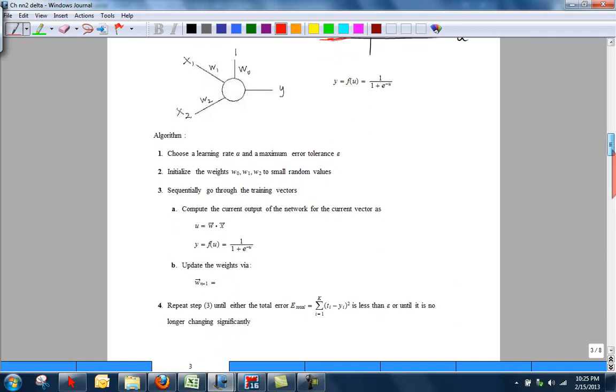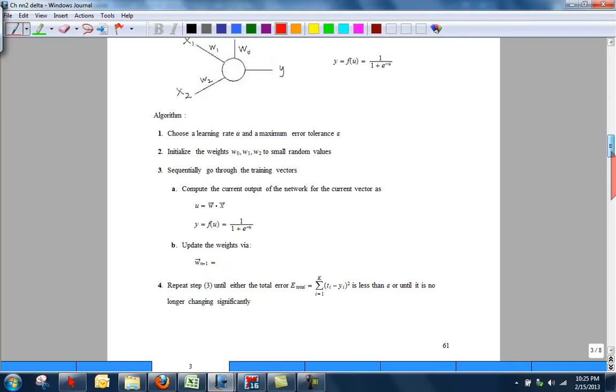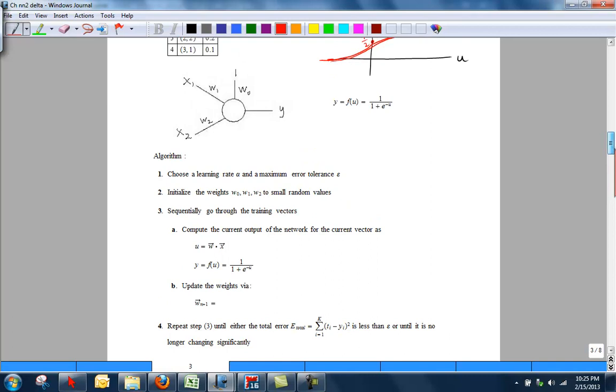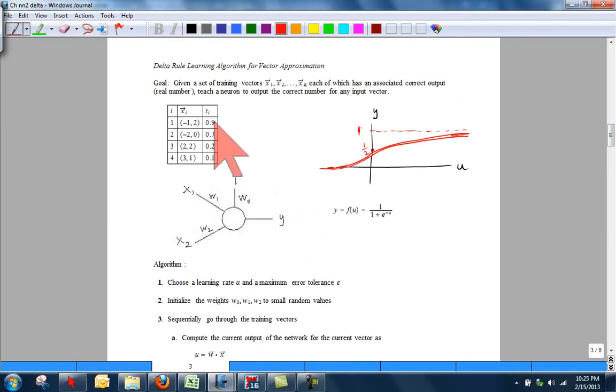Okay, let's look at an algorithm to train this neural network. I'll choose a learning rate as before, and now here's a new concept that comes up, an error tolerance. I'm going to be trying to learn these values, but these are real numbers, and so it's not really fair to expect the network to get exact answers.